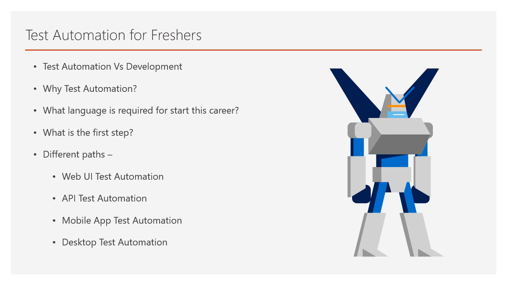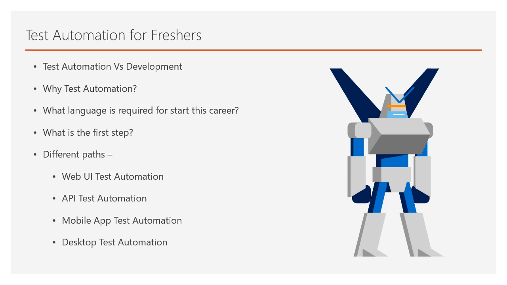So I thought I'd put this video out to give you the context about what exactly a test automation role is and how this role is useful for freshers, or how they can start a career with it.